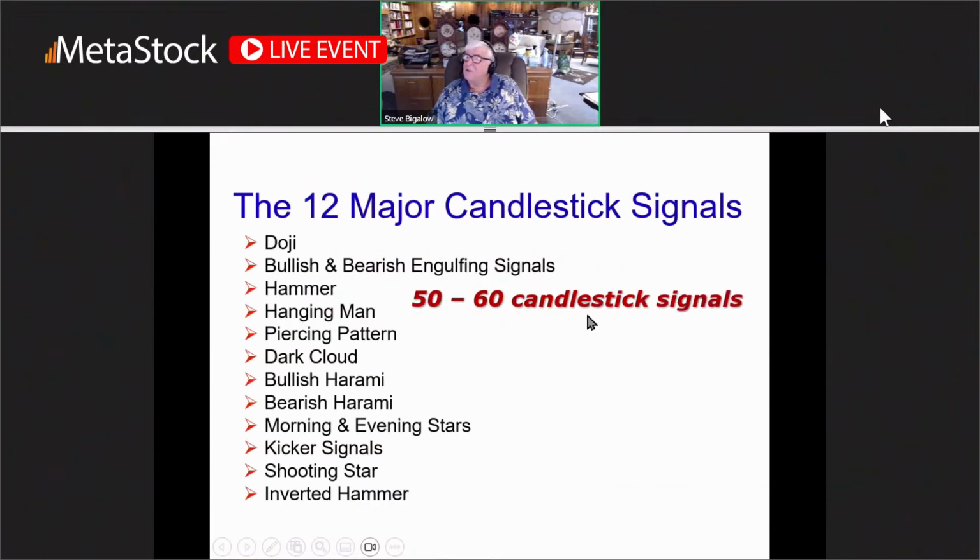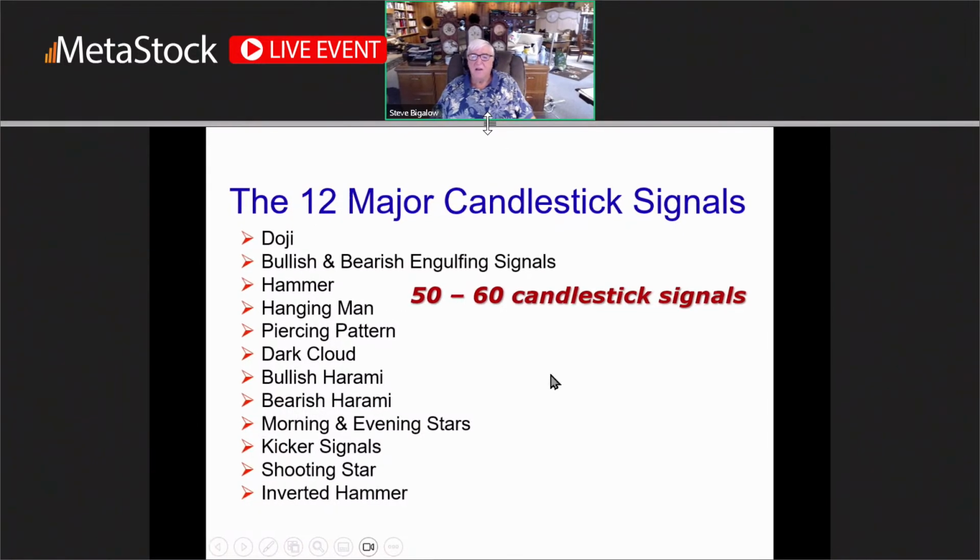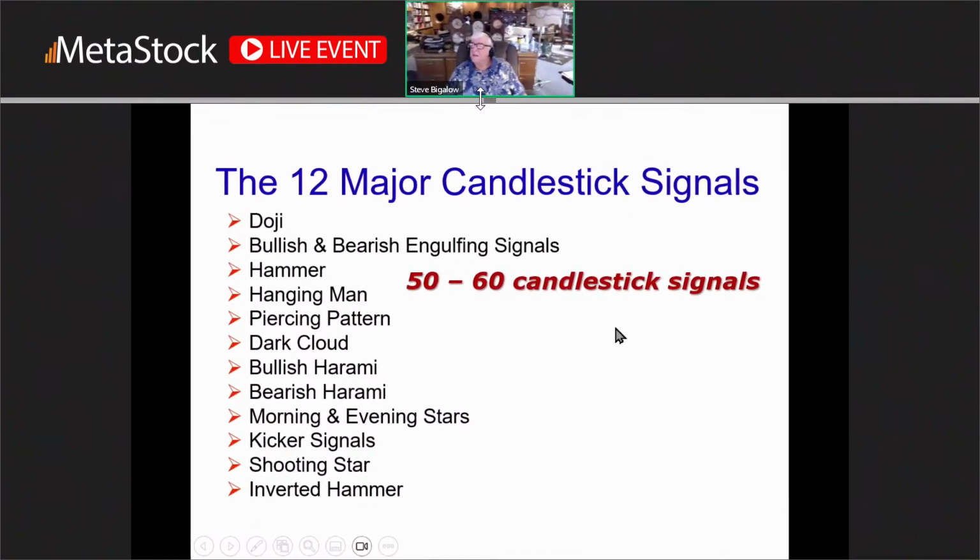Now, as you know, there's about 50 or 60 candlestick signals. We have narrowed it down to where there's only 12 signals that you really need to learn. The others don't occur often enough to spend any amount of time and energy learning them, because you're going to have more trades and more accurate analysis of what the market is doing, as well as what a stock price is doing based upon these 12 signals.